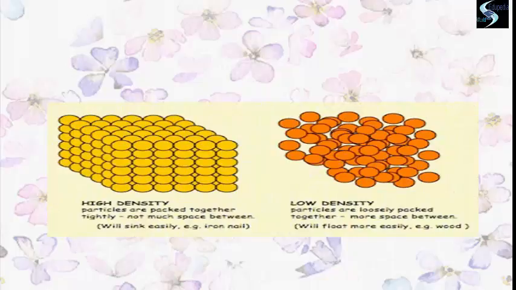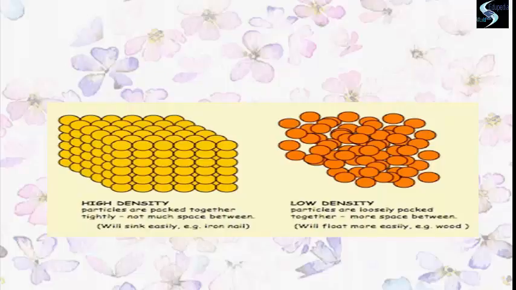Well, again, let's understand in the 3D format. Higher density substances are those which have particles very packed together because the intermolecular forces are very high, and the spaces between the molecules are not much, or they are very close just due to the intermolecular forces.